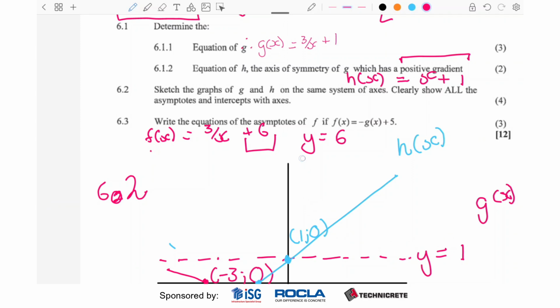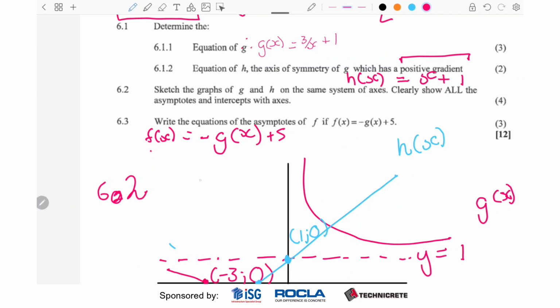Well, I'm sorry, I made a mistake. I forgot the negative value. So it's negative g of x plus 5. So this will be negative open bracket 3 over x plus 1 close bracket plus 5.